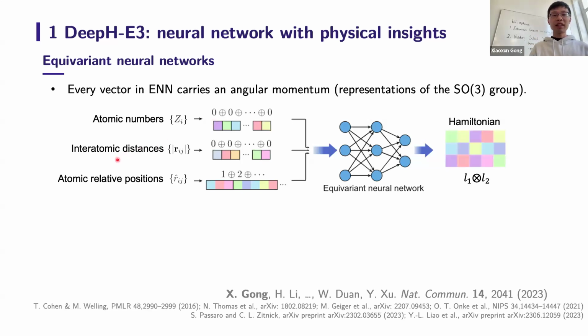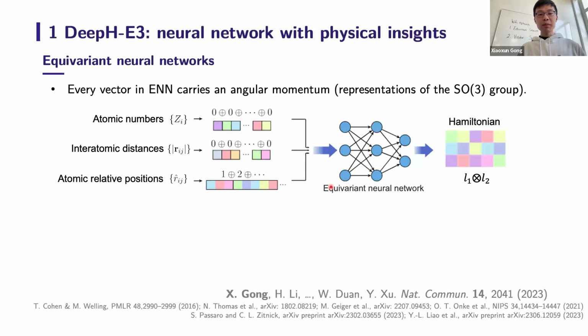And interatomic distances are also invariant, so they also have angular momentum 0. But the atomic relative positions, if you expand them with spherical harmonics, then we can have non-trivial representations under the SO3 group, which correspond to angular momentum 1, 2, 3, and so on.